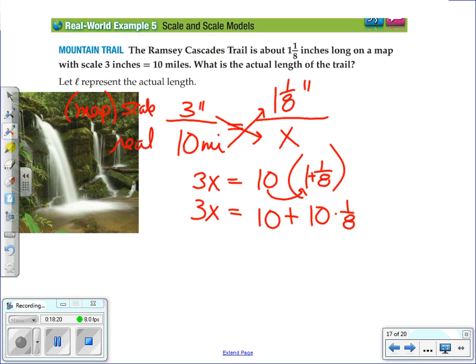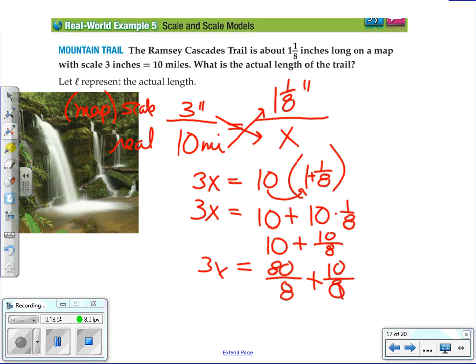So 10 times 1/8 is 10/8. And then, okay, so then we have to change the 10 to eighths, so we can add them together. So 10 over 1 is the same as 80 over 8 plus 10 over 8, right? Oops, that's an 8, not a 9.